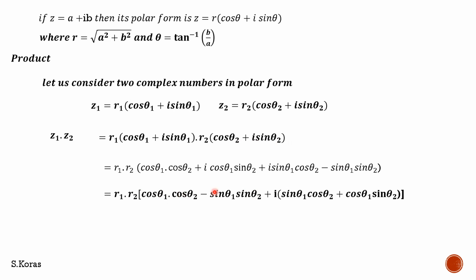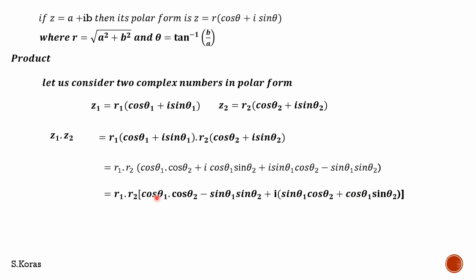Now let us try to take i commonly outside. That is i into sin theta 1 cos theta 2 plus cos theta 1 sin theta 2. So now we have separated the real part and imaginary part.